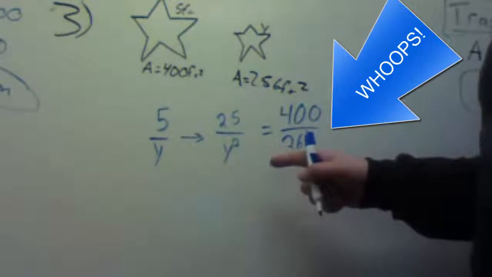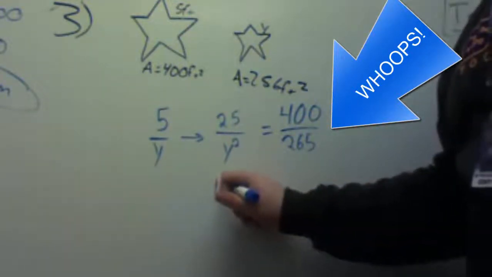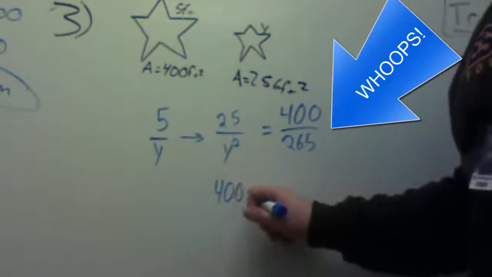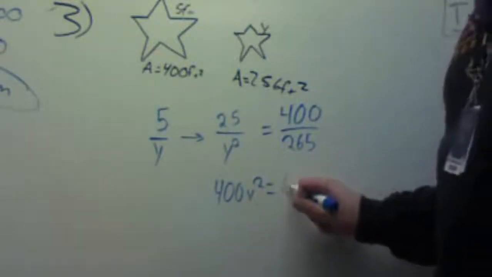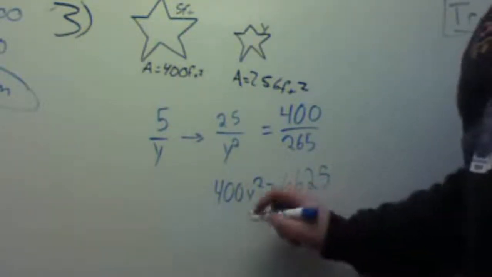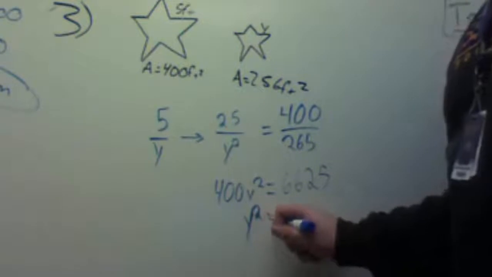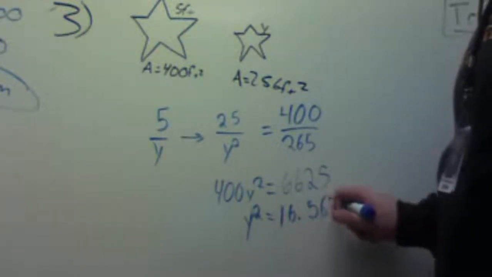And at this point, it's solved. Cross multiply. So 400y squared equals 6,625. Divide both sides by 400. 16.5625.